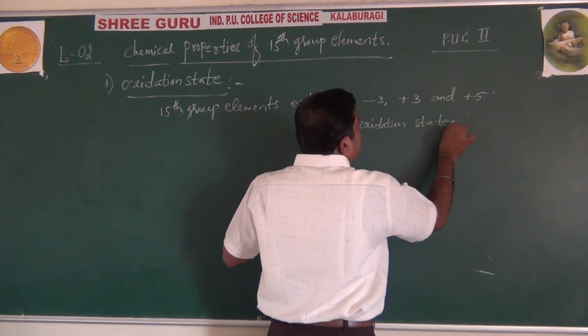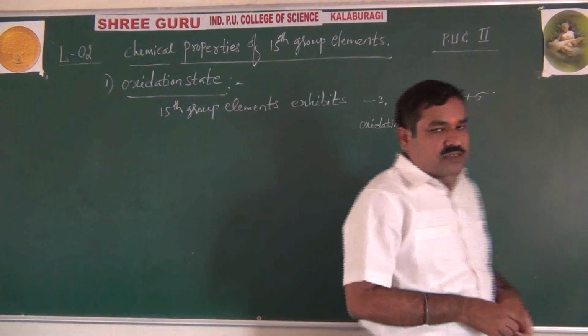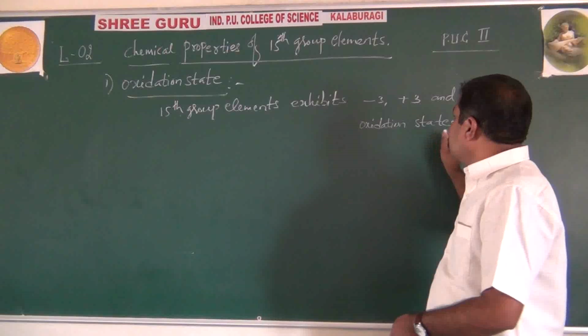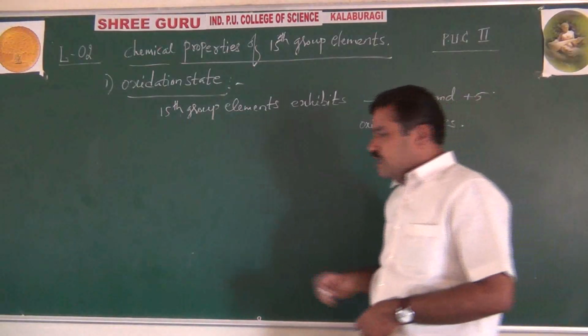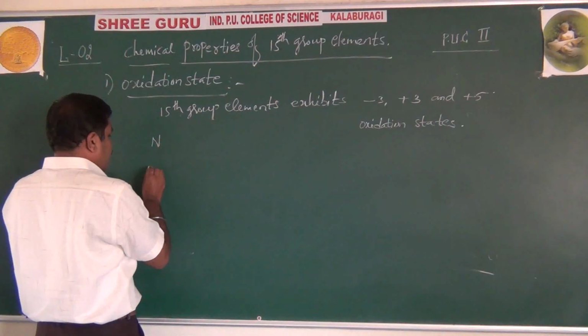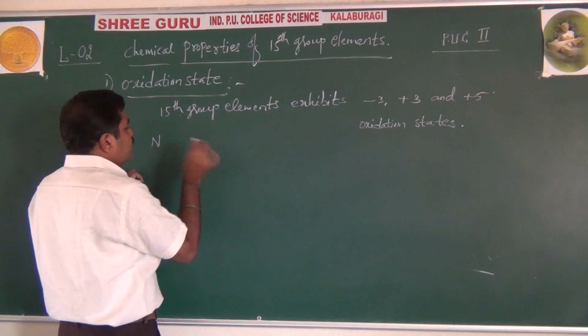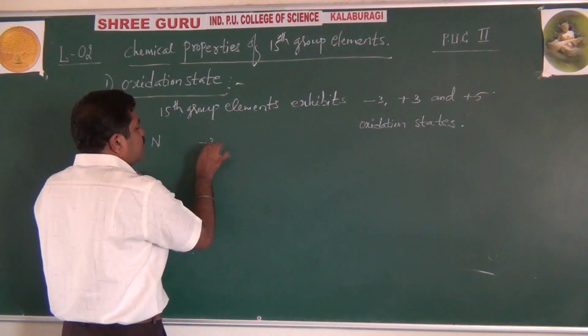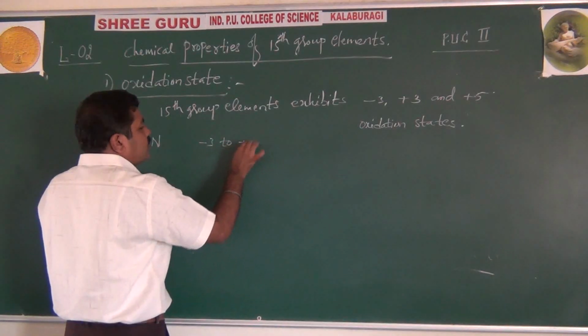Variable oxidation states. Let us see how. See nitrogen: it varies from -3 to +5.